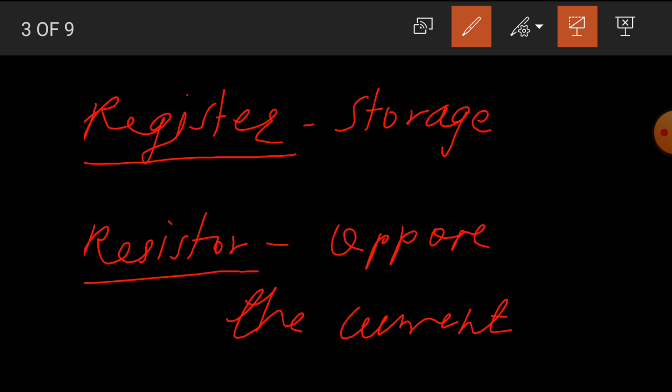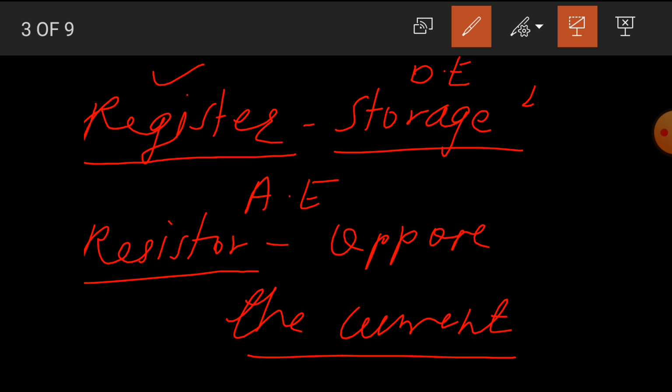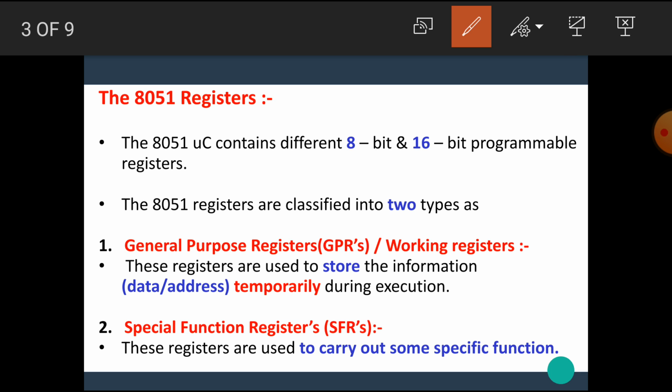The register is used in digital electronics for the storage of information, and the other, the resistor, is used in analog electronics to oppose the flow of current. I hope you can understand the basic difference between resistor and register.